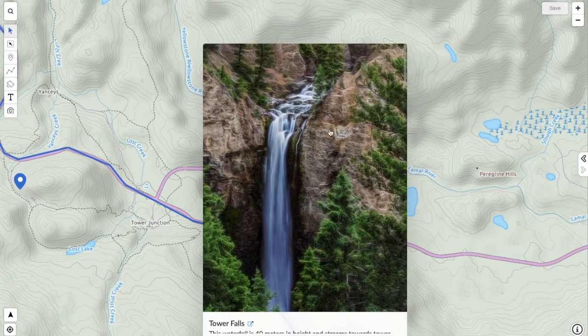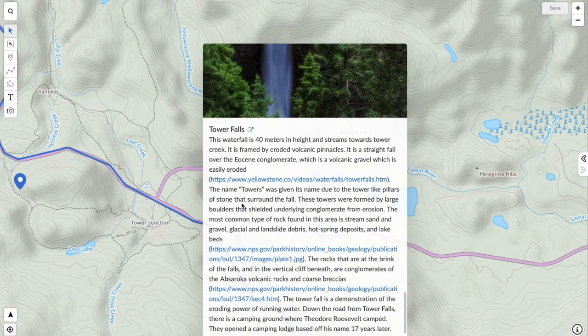So it got its name Tower not because of its height, it's because of these tower-like structures next to it. So they're these tower-like stone pillars, pretty much. So these towers were formed by boulders that shielded underlying conglomerate from erosion.